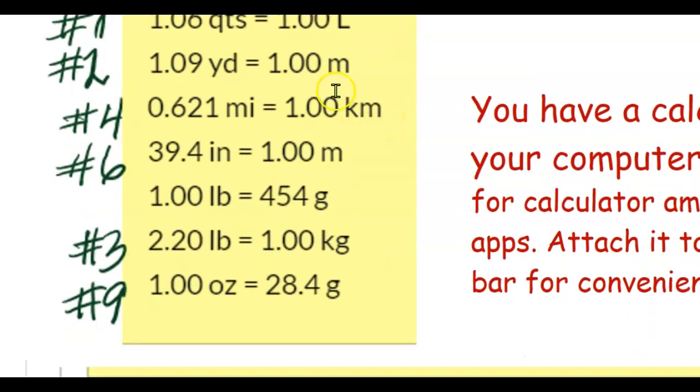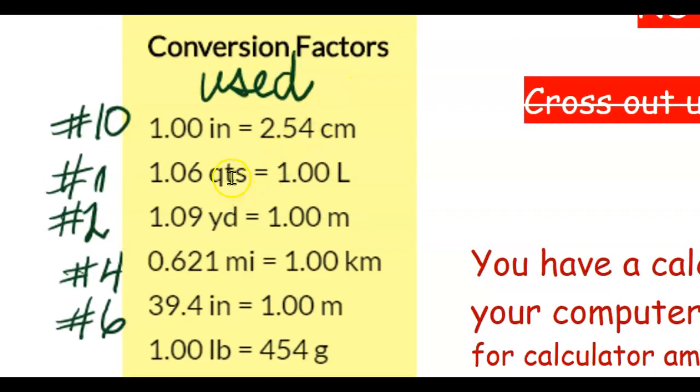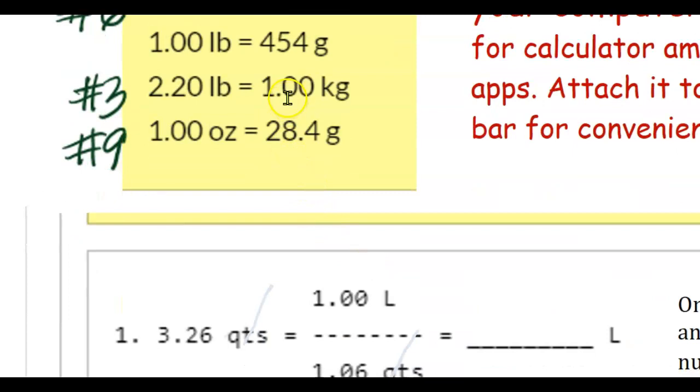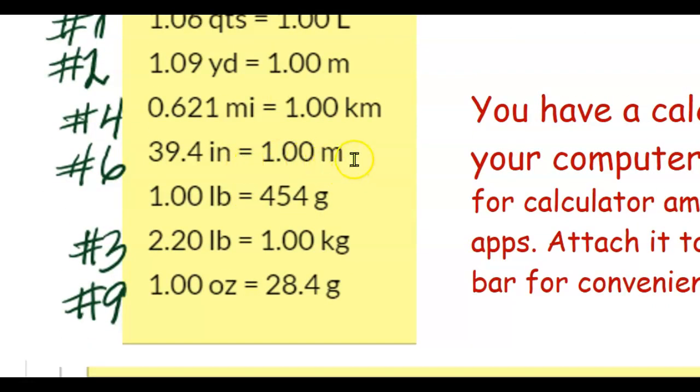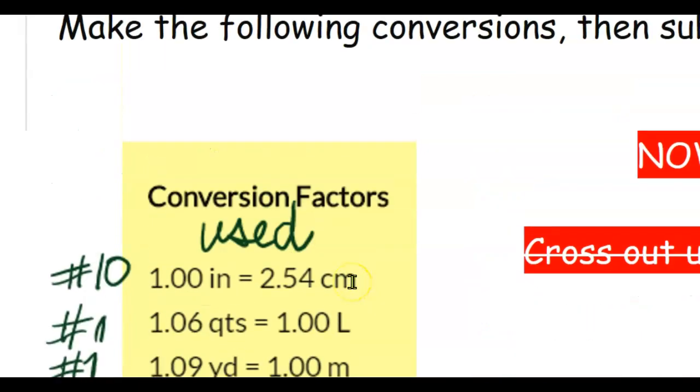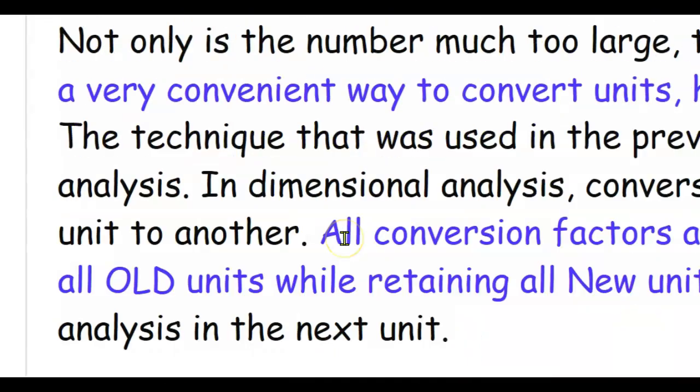This one links quarts and liters. This links the number of yards in a meter, miles in a kilometer, inches in a meter, pounds and grams, pounds and kilograms, and ounces to grams. So here's a list of them that we will use in our problem solving.